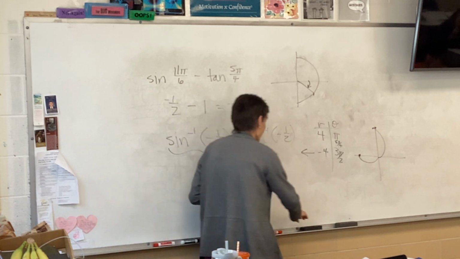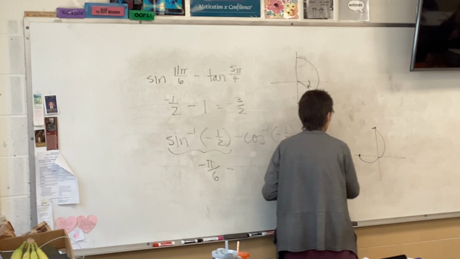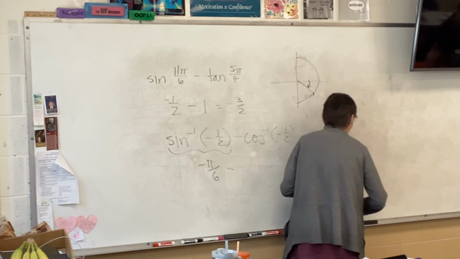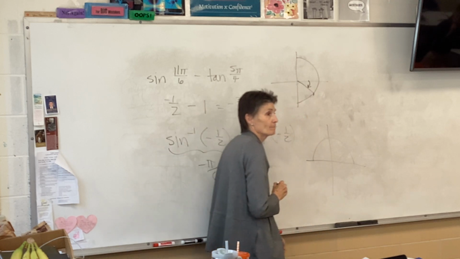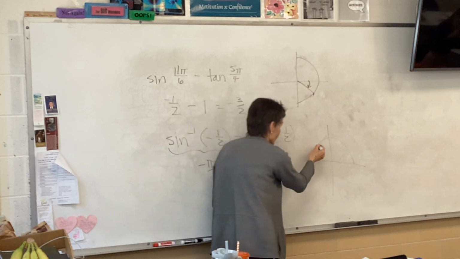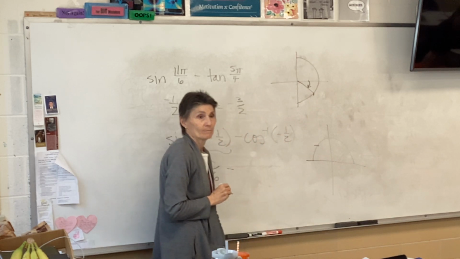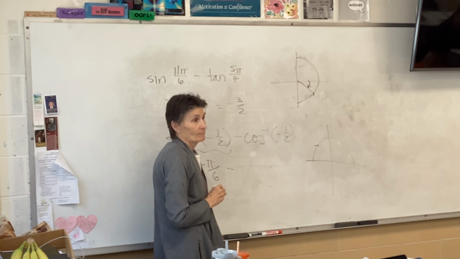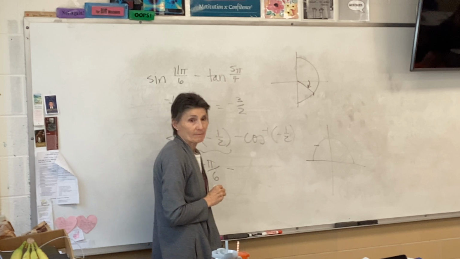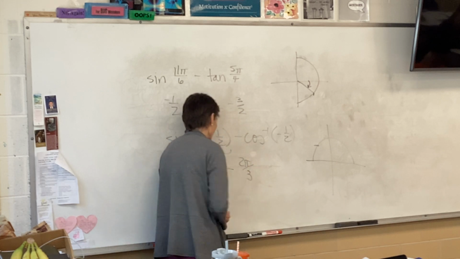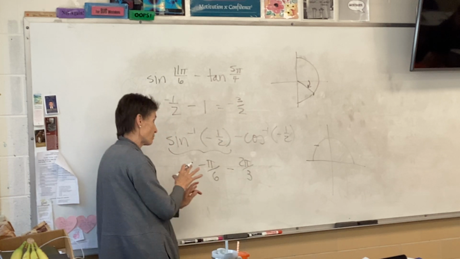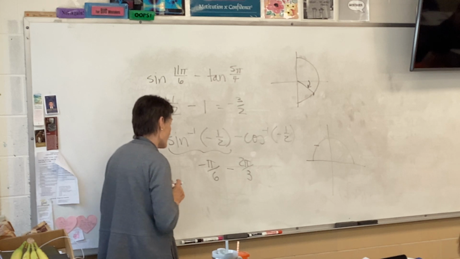Now, the angle whose cosine is negative a half, cosine is here. So that angle is over here. What angle is that? 2 pi over 3? So we should be just subtracting these two numbers.